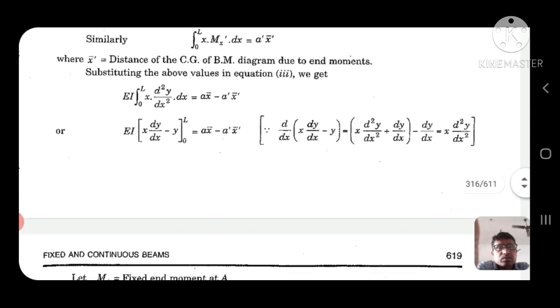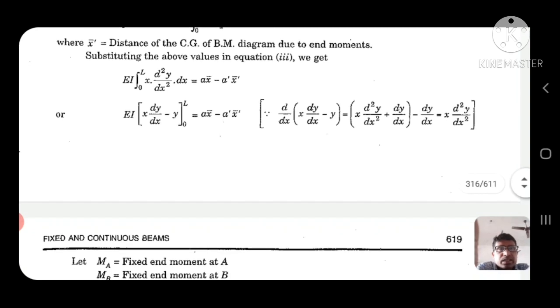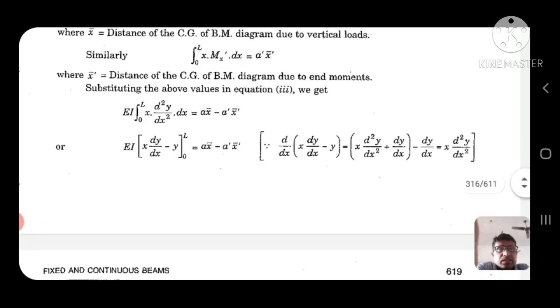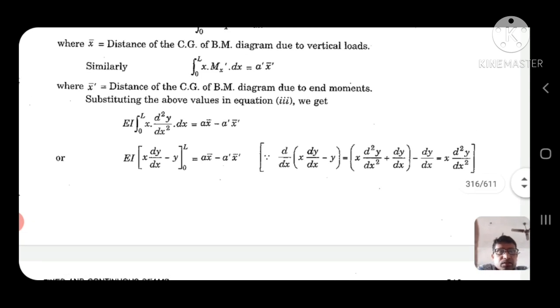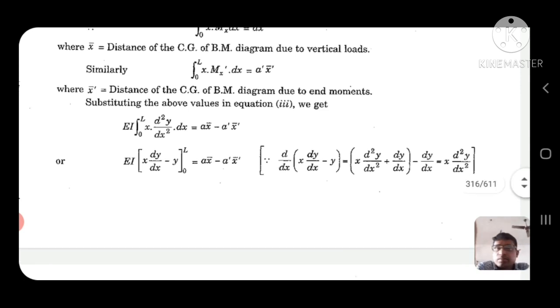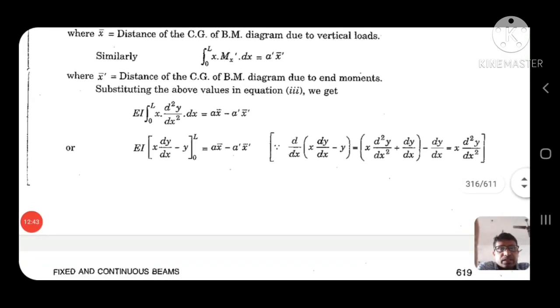Substituting the above values in the equation, we get EI times the integral from 0 to L of x d square y by dx square is equal to A x prime minus A prime x bar. So EI times x dy by dx minus y from 0 to L is equal to A x prime minus A prime x bar. Now d by dx of x dy by dx minus y is x d square y by dx square plus dy by dx minus dy by dx, that is x d square y by dx square.